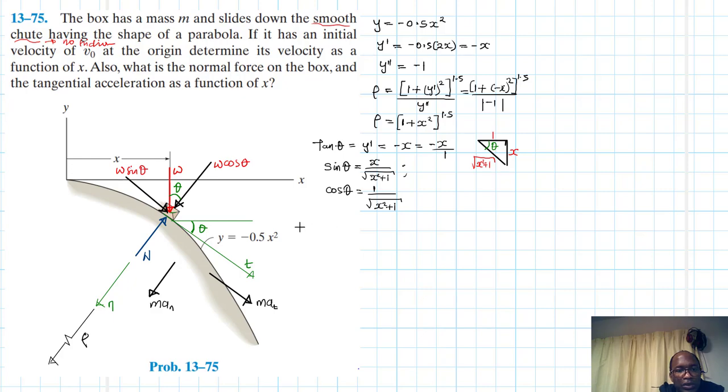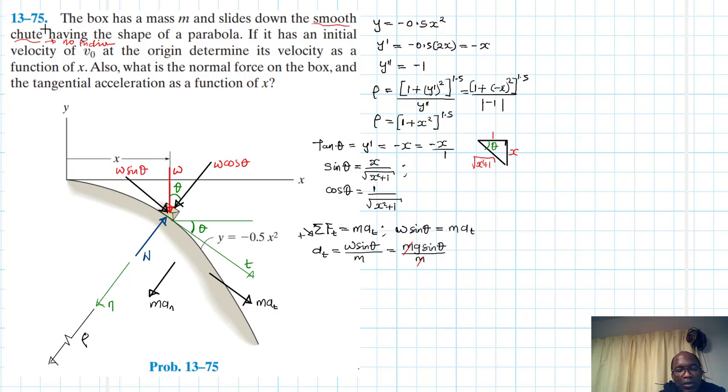All right, so with this information, let's apply the equation of motion in one direction, with the summation of forces in the t direction equal to m a_t, going in this direction in our reference positive. So this just becomes W sine theta equal to m a_t, and therefore our a_t is just equal to W sine theta divided by m, which is equal to mg sine theta divided by m.